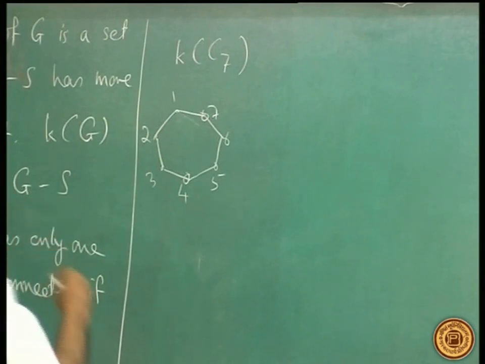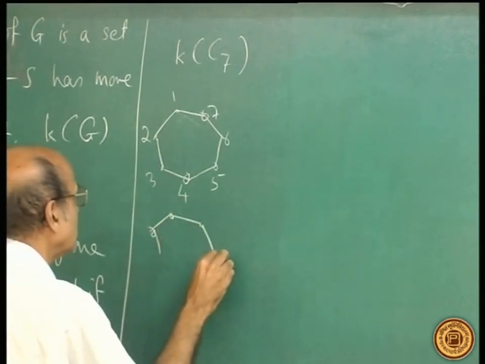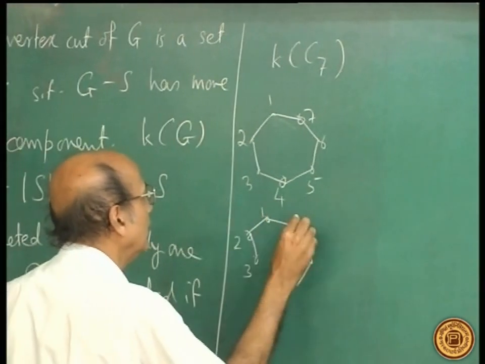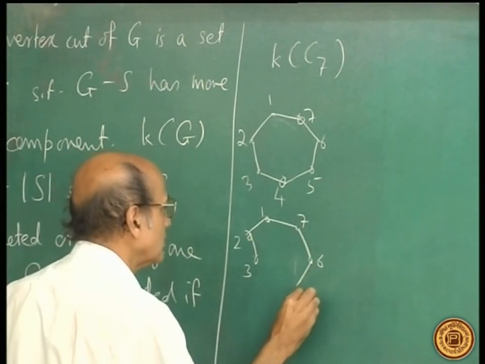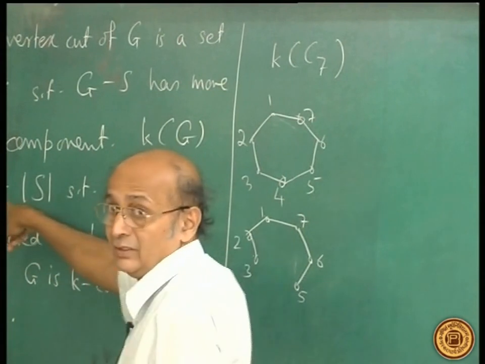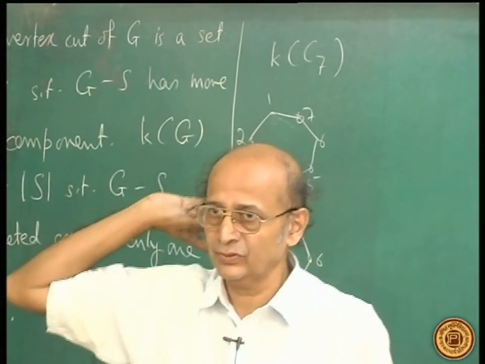Is that clear? If I remove the vertex 4, it is a path. Therefore, you need to remove at least 2 vertices to disconnect this graph.